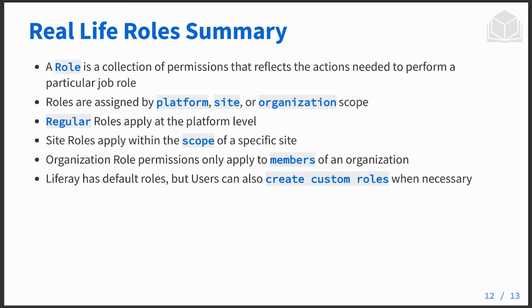Organization and site roles will be for selected organizations or sites. And as we'll see shortly, you can also create custom roles in that roles menu for any of these scopes. So what we're going to do next is create a custom role for Maria Flores. She needs to do some copywriting, and we want to make sure that she can actually perform that function on the platform. So let's go ahead and dive right in.